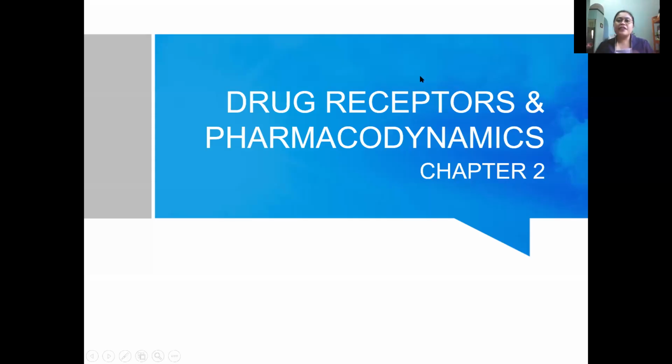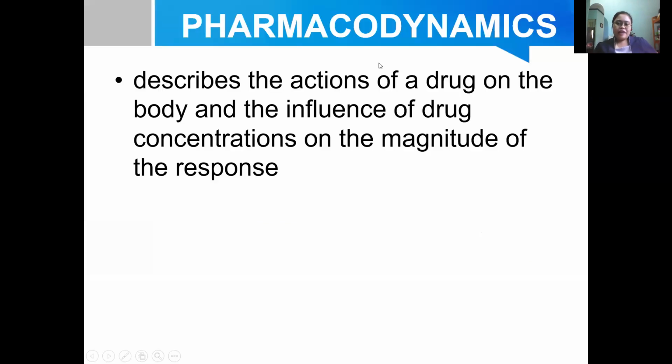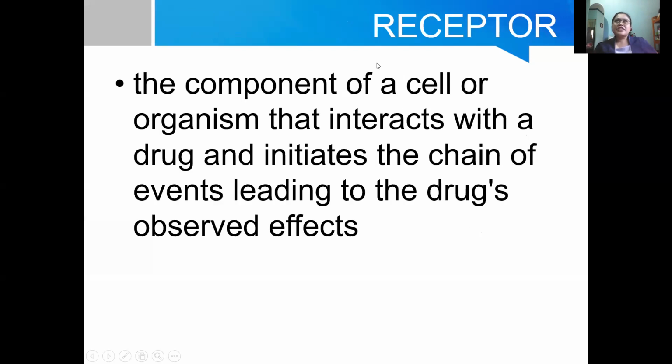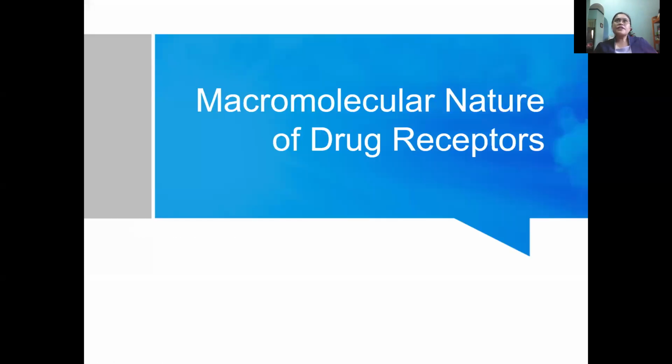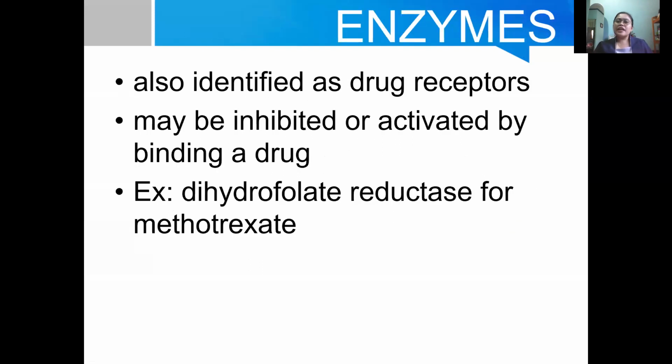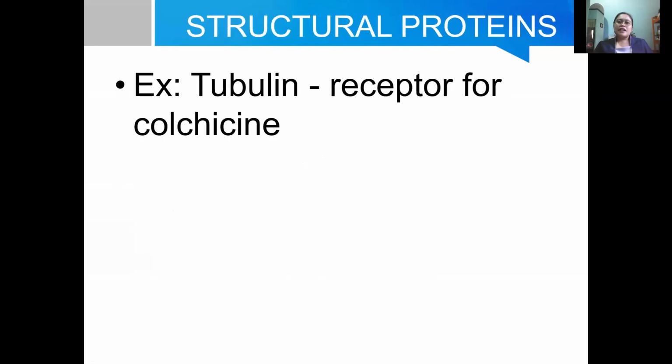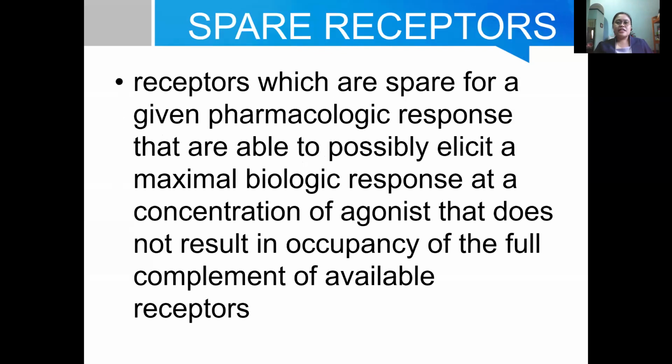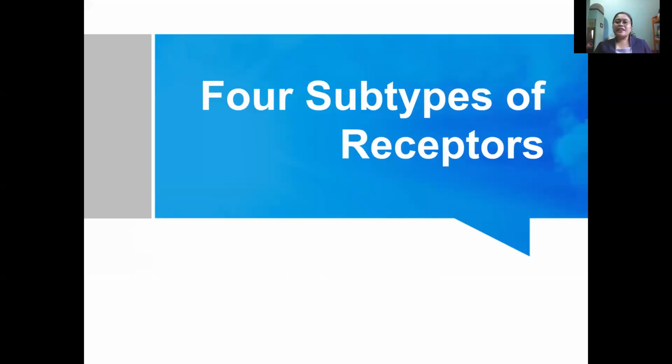Okay, let's continue. Again, yesterday, we have already discussed pharmacodynamics, the natures of our receptors, that they can be proteins, and then different types of proteins to be exact. They can be transport proteins, enzymes, structural proteins, and then we have also started discussing the four subtypes of receptors.